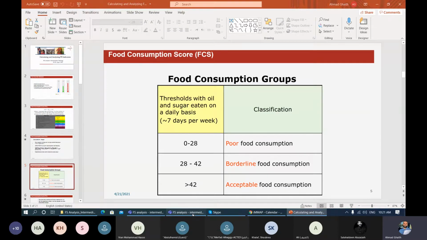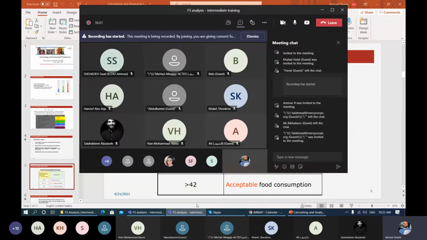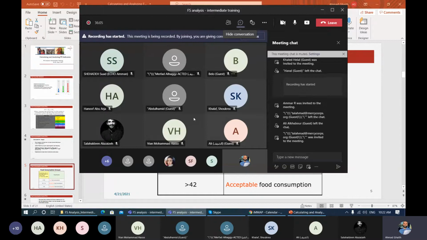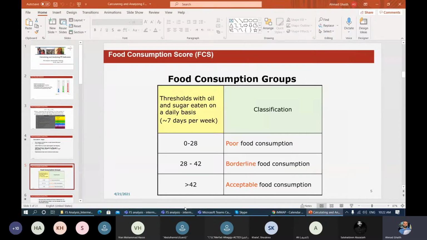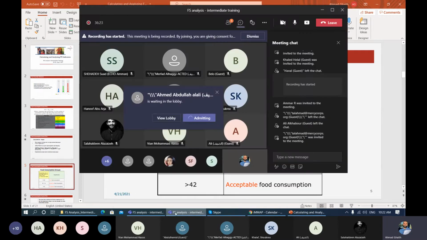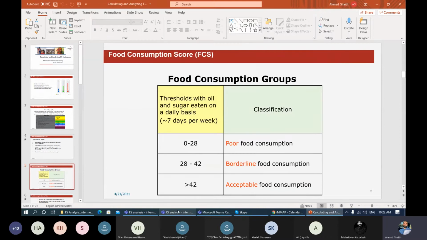And then a greater than 42 score is acceptable, which we say then, in terms of consumption, again, thinking about those different categories of food security, the consumption here is deemed acceptable. That does not mean that the family's not undertaking different coping strategies or under certain stresses. It also doesn't necessarily mean that we have perfect nutritional quality, or that we're satisfied with the food consumption if we were to talk to a nutritionist.